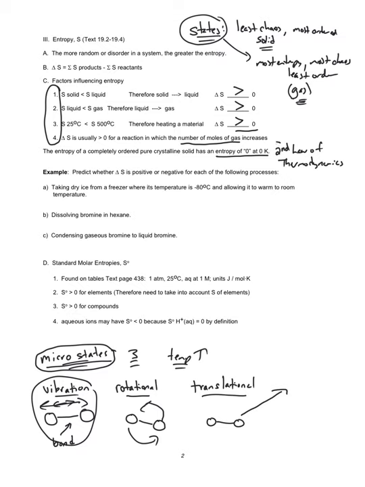The third law of thermodynamics is right here, this next statement. The entropy of a completely ordered pure crystalline solid at 0 K, absolute zero, is 0. Almost everything has entropy, and since absolute zero is a theoretical absolute, probably not able to be attained, everything has entropy.